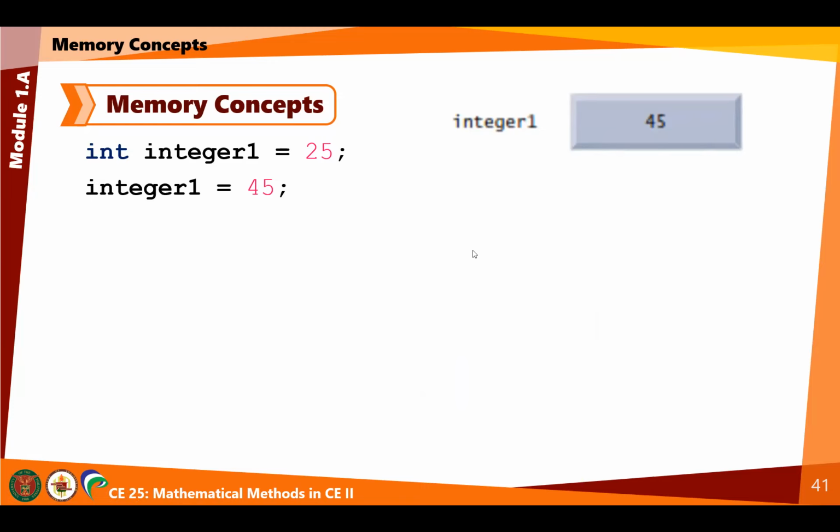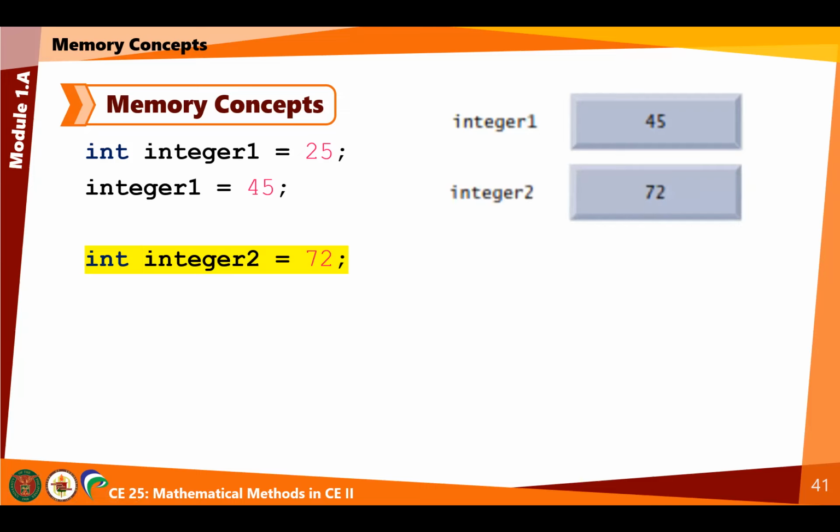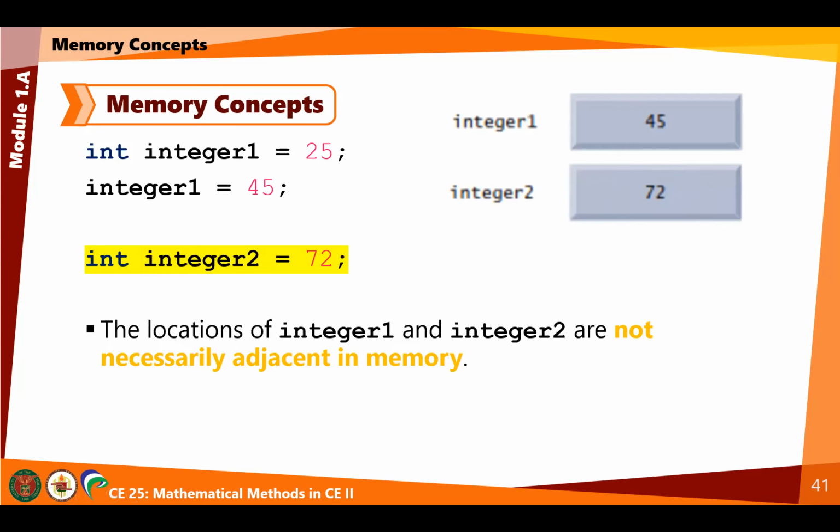Now, what happens when I have an integer 2? So iba ng memory space ito, no? Iba na yung memory space niya. So it will create another memory space, integer 2, and assign a value of 72 in that integer space. So the location of integer 1 and integer 2 are not necessarily adjacent in memory. We'll discuss more of this when we go into pointers, which is the last topic of programming in CE25.